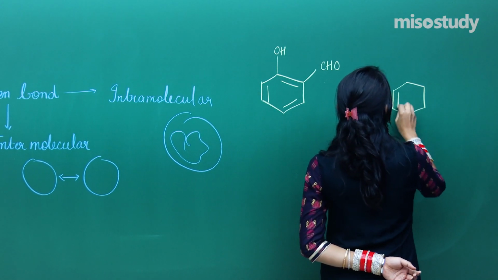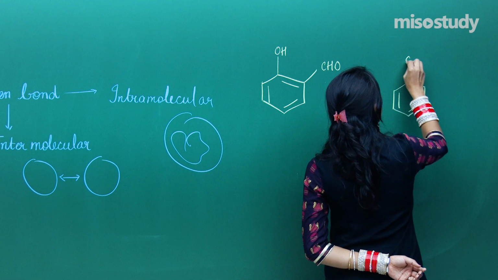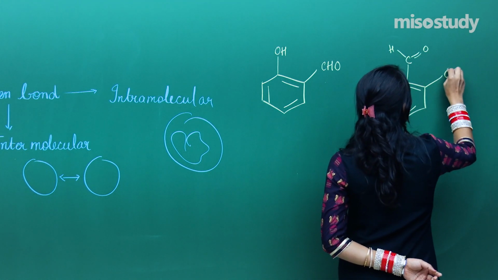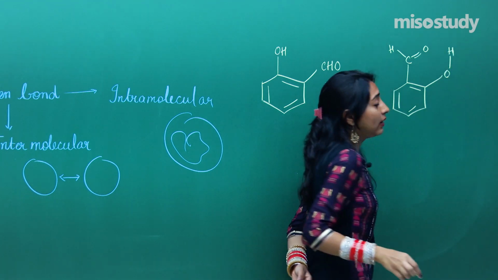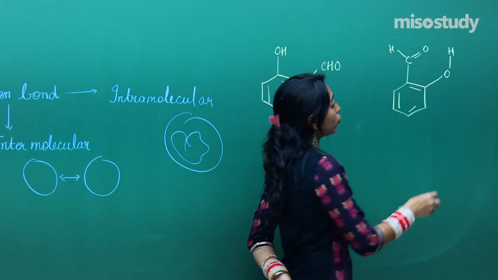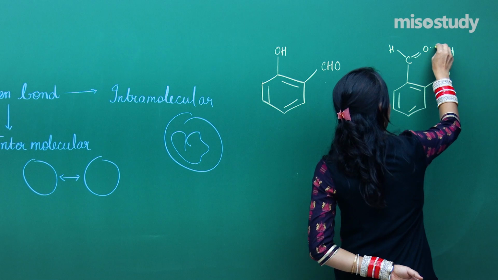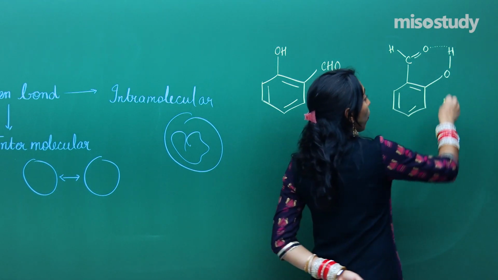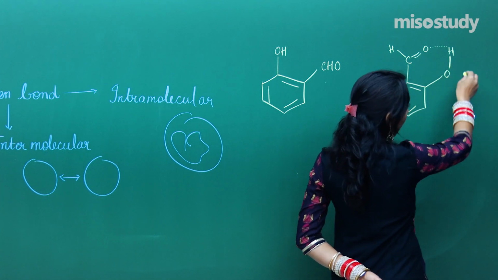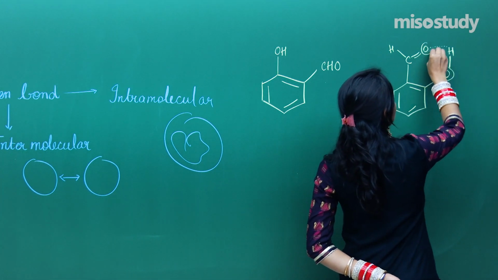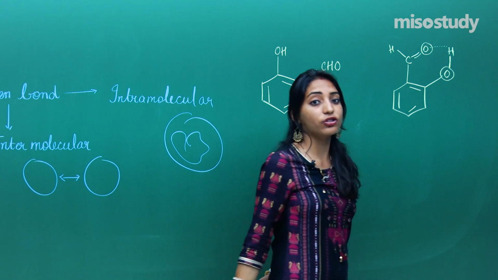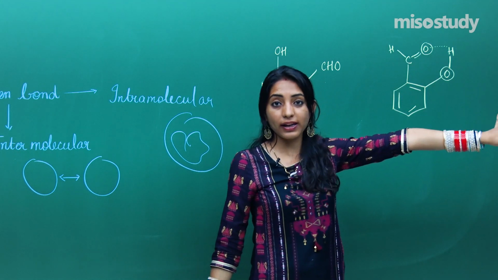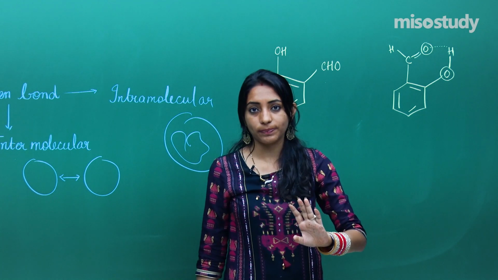Let's try to figure out. Let me draw C, double bond O, and then H, then we have OH. What is hydrogen bonding? That hydrogen should be sandwiched between two electronegative atoms, one through the covalent bond and other through the dipole attraction. So oxygen and hydrogen is sandwiched in between. So yes, within one molecule hydrogen bonding is taking place. So yes, this is the correct option.